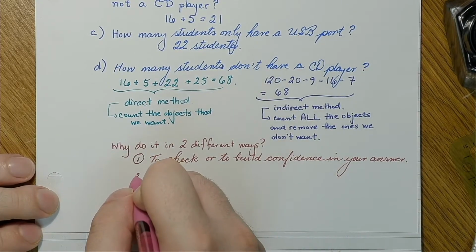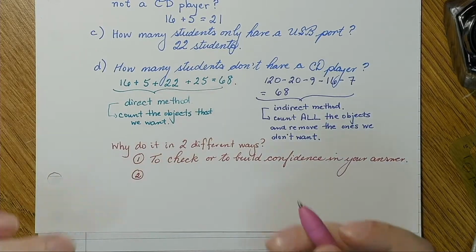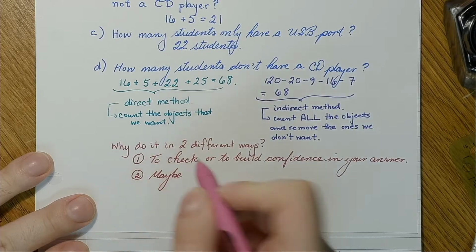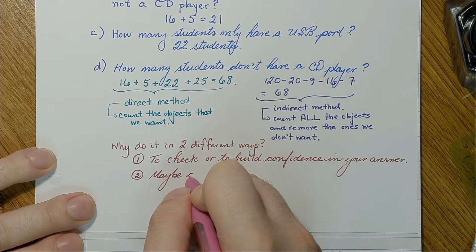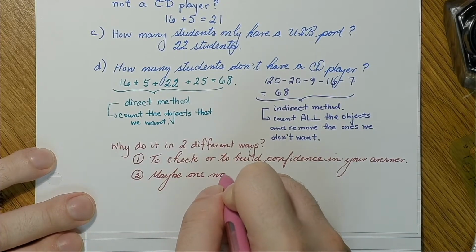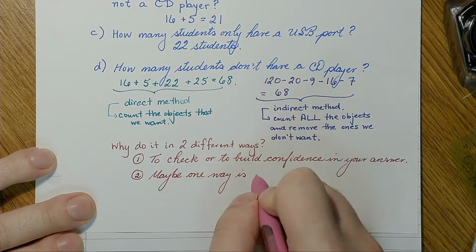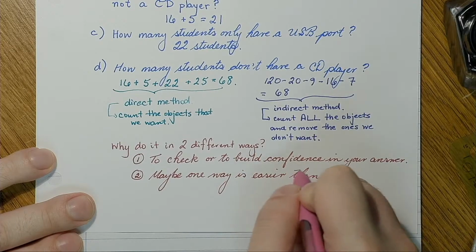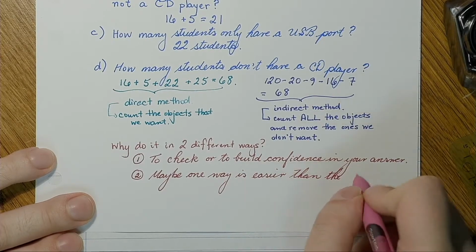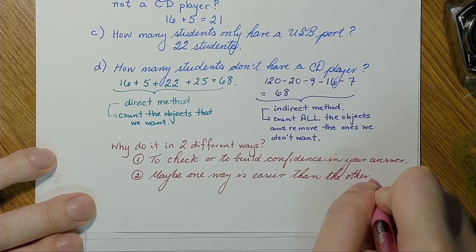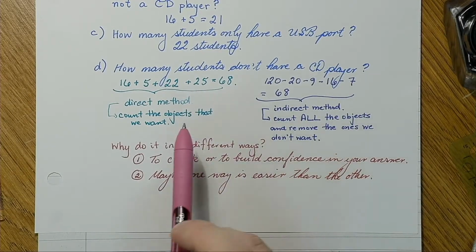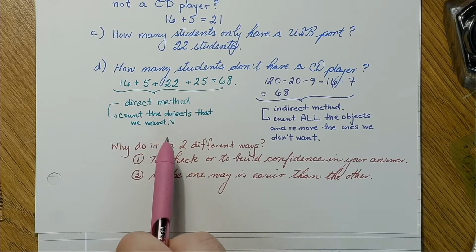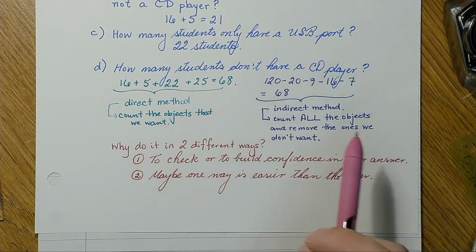The other way is maybe one way is easier than the other. So it may have been easier to have directly counted all the objects that we wanted, but there could be cases where it might not be.